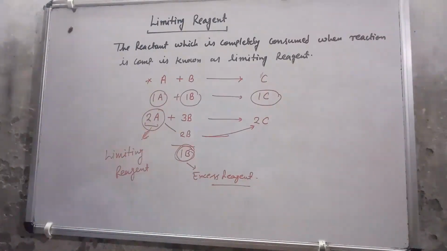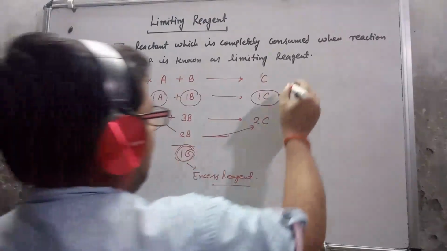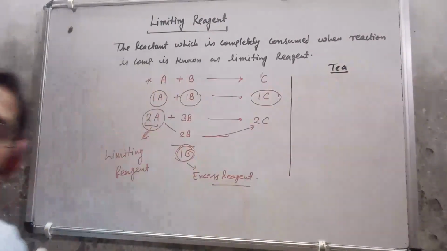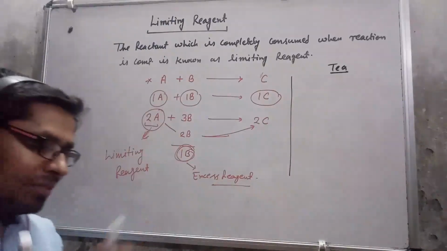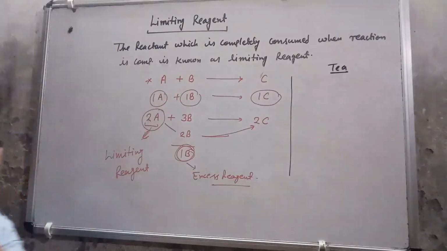This is a very simple example. Now I will discuss with you a very funny example. I hope everyone knows how to make tea. Suppose someone doesn't know how to make tea. His mother is going out of the home for some work.